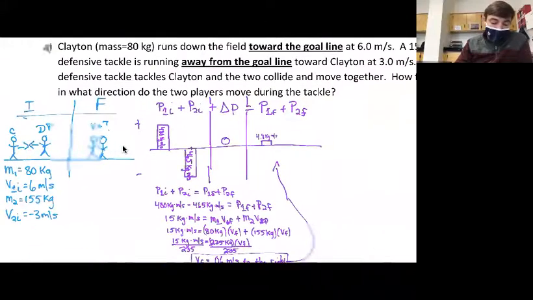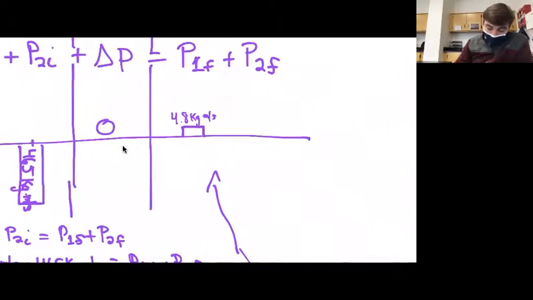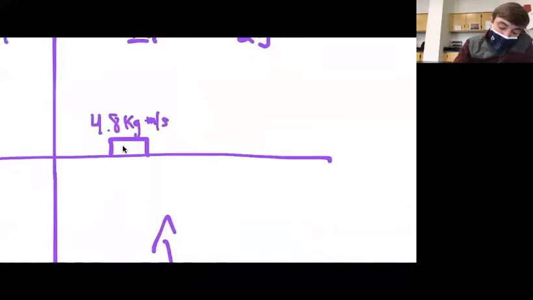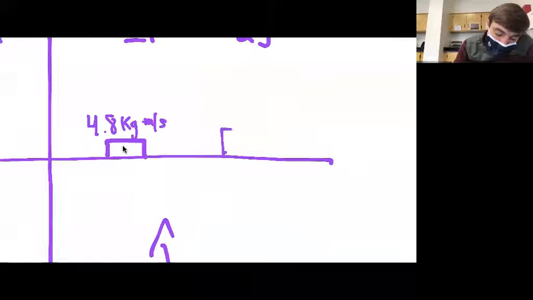And then I know that mass 2 is 155 kilograms, and it's also moving 0.06 meters per second to the right. So I know that is 9.3 kilogram meters per second.